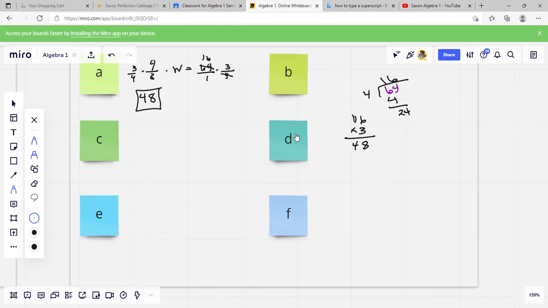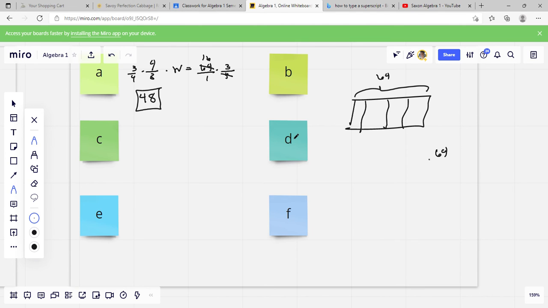Another way to think about that, right, if we have 64, so this whole thing is 64, and we divide it into 4 pieces. Okay, so 64 divided by 4 will be 16.